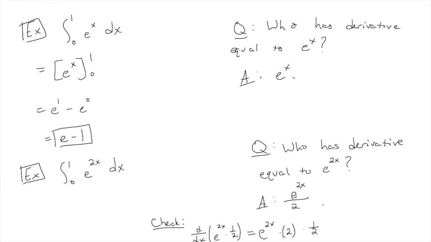This division by 2 helps us cancel out because we've predicted the chain rule. So the 2 and the 1/2 cancel, and I'm left with just e to the 2x. And that checks out. So this is e to the 2x over 2 from 0 to 1. So this is e over 2 minus 1/2.